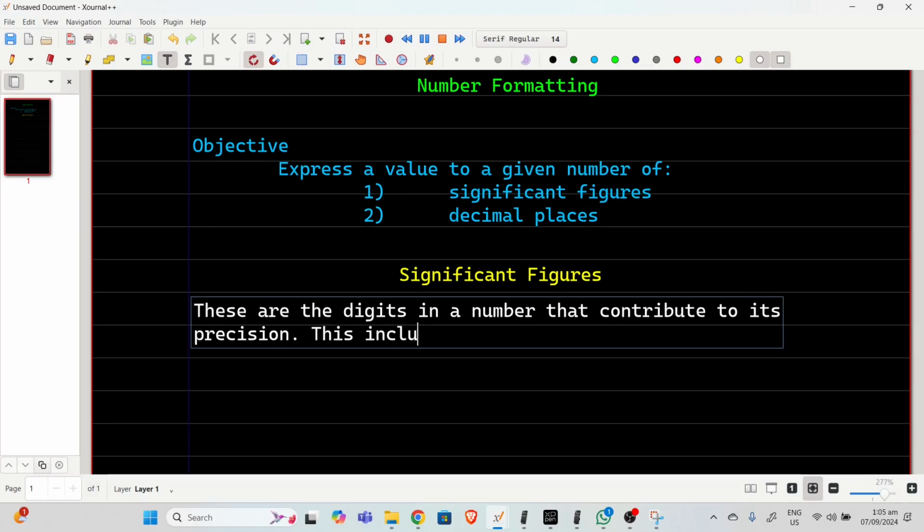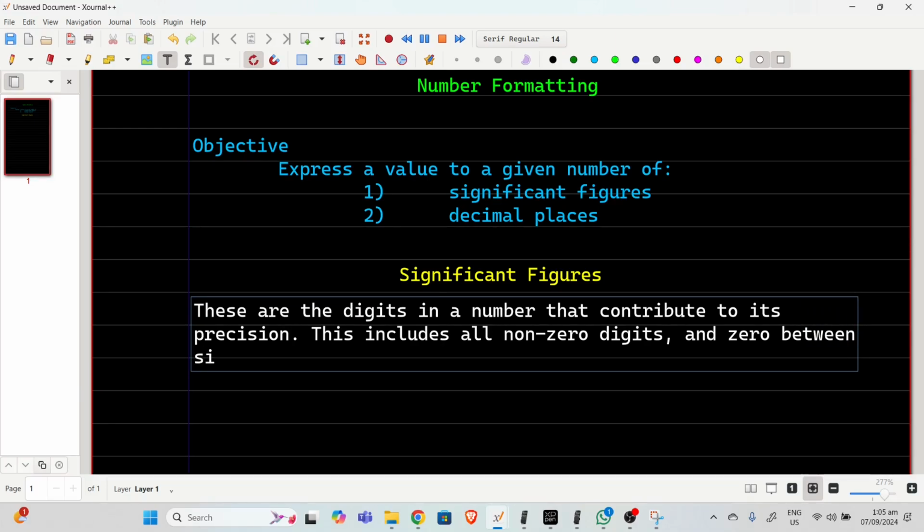This includes all non-zero digits, any zero between significant digits, and trailing zeros in the decimal portion.